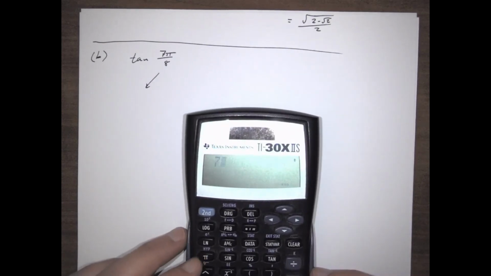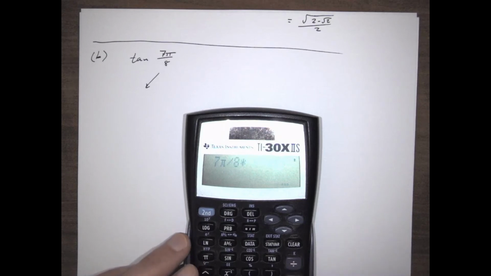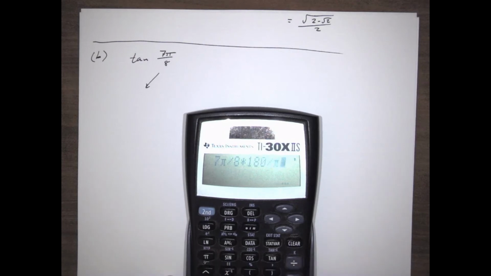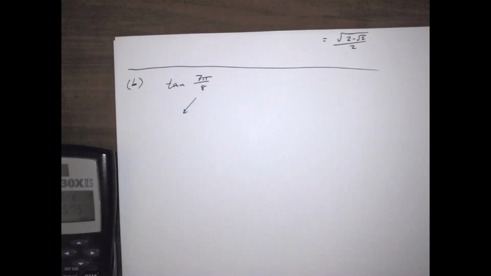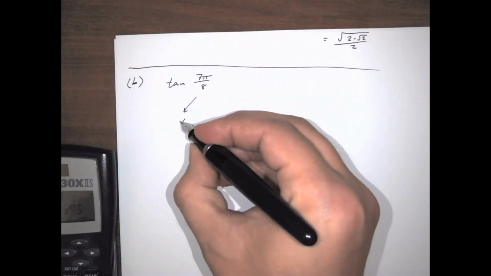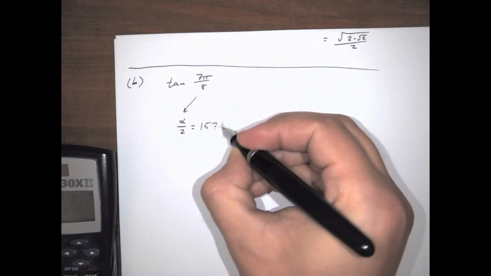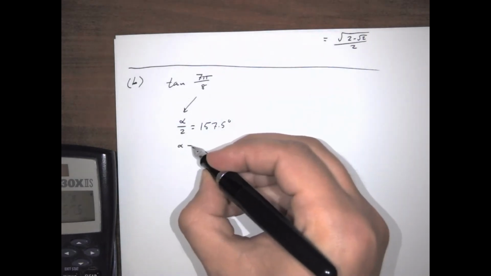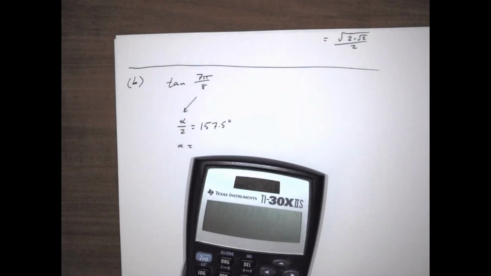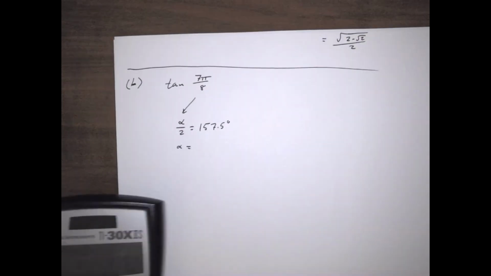So 7 pi divided by 8 times 180 divided by pi. 157.5, so good. So alpha over 2 is the same as 157.5 degrees. Okay, so be it. And then that means that alpha itself is equal to that times 2, which is 315 degrees.